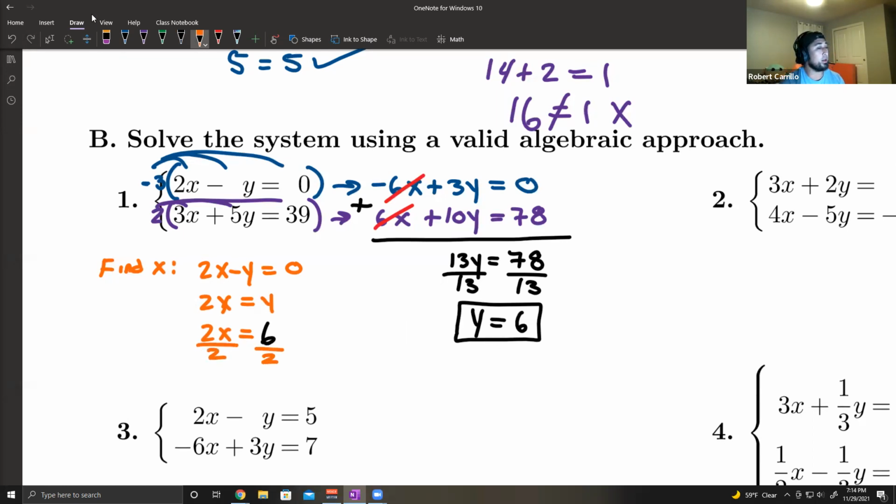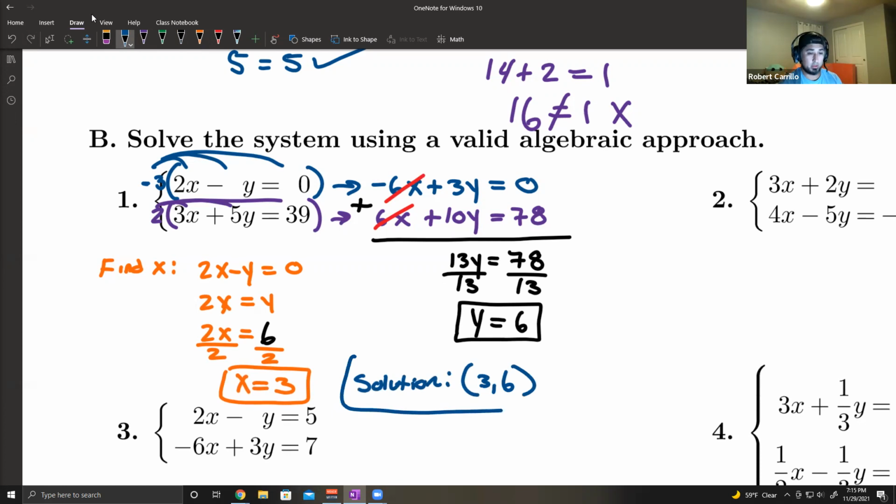And x is equal to what number? 3. X is equal to 3. There we go. And now we state our solution as the coordinate point 3, 6. So that's how we state our solution.